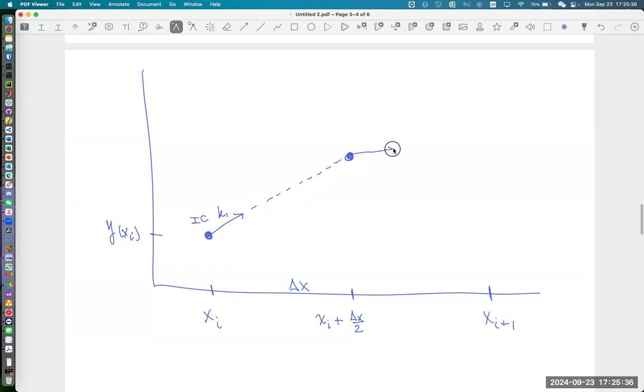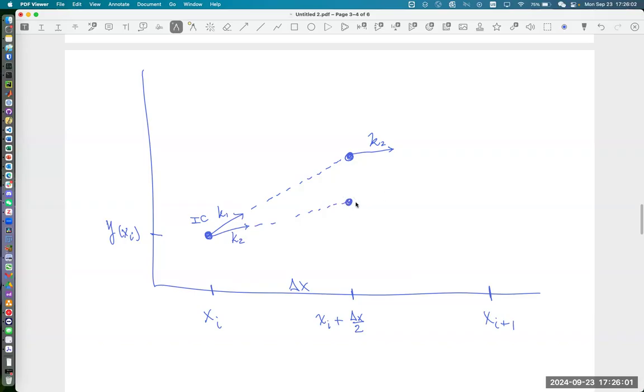So maybe the slope is like this. So the slope here is k2. And then we use this slope k2 back at the beginning point. So let's remember this slope and then draw it here. This is k2.